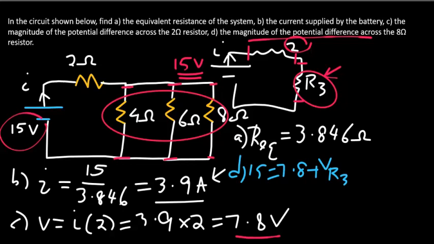And according to the argument that we have just made, the potential difference across the R3 resistor must be the same as the potential difference across the 8 ohm resistor. And we can determine that V8, which is 15 minus 7.8, and therefore 7.2 volts. And that solves the problem.